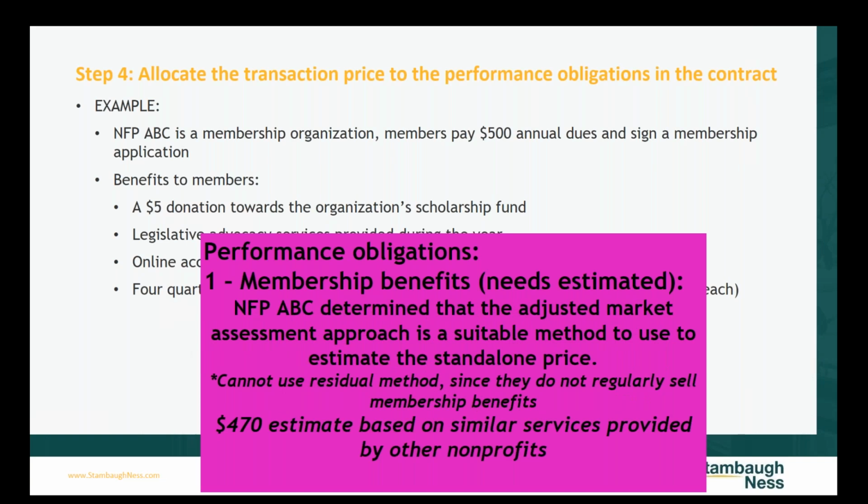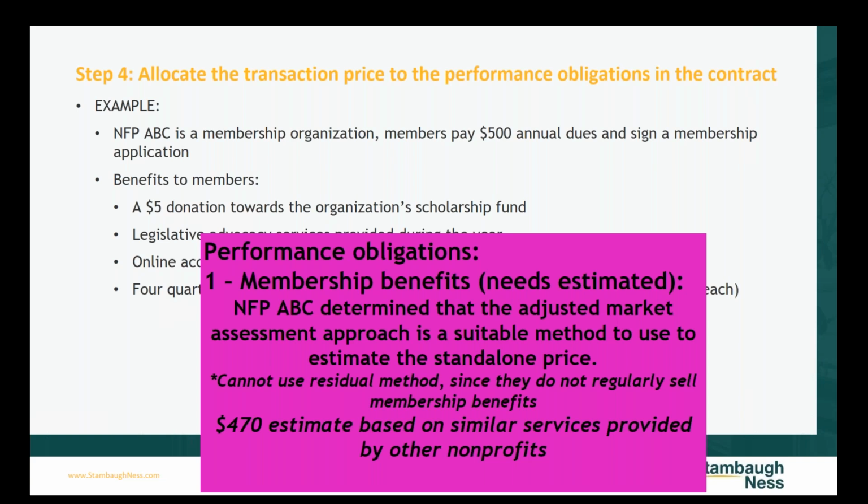In this scenario, this nonprofit has determined, based on using the adjusted market assessment approach, that they have found a similar nonprofit providing similar membership benefits, or they've determined that the customer would be likely to pay $470 for similar services.